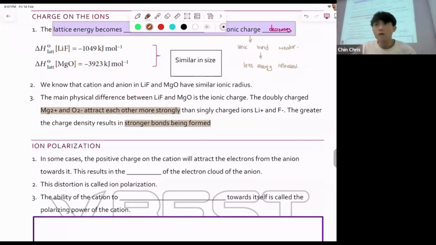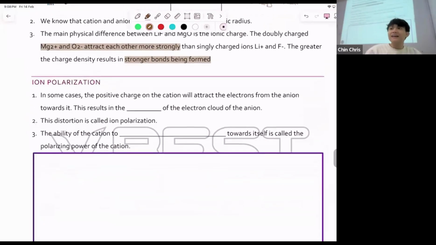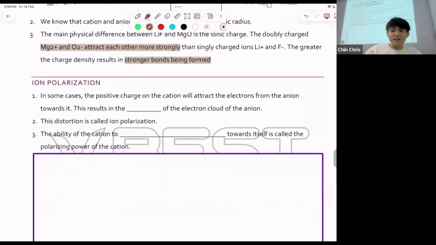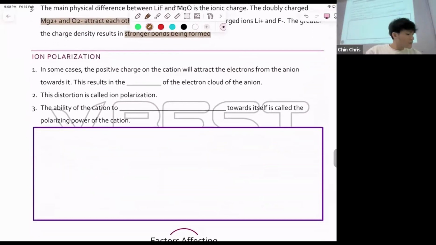Oh my God. We have ion polarization. Okay, so for ion polarization, right? Guys, you done ion polarization, you done it in school, right? Okay, so ion polarization, again, it contributes to covalency here.